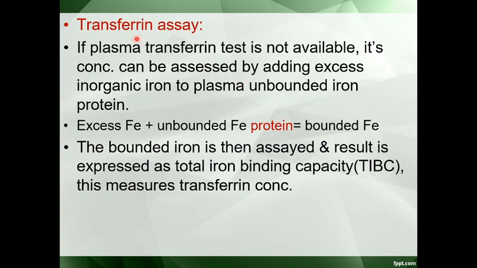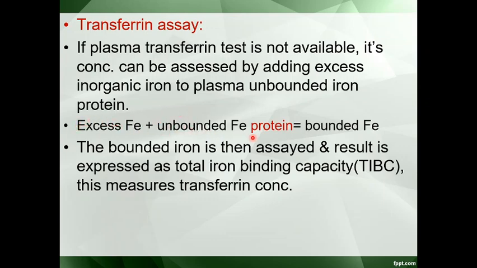Transferrin assay: if the transferrin test is not available, then its concentration can be assessed by adding an excess of inorganic iron to the plasma unbound protein, the unbound transferrin.